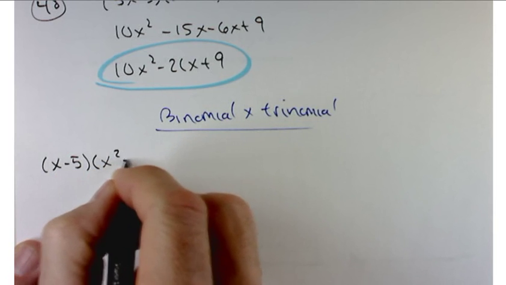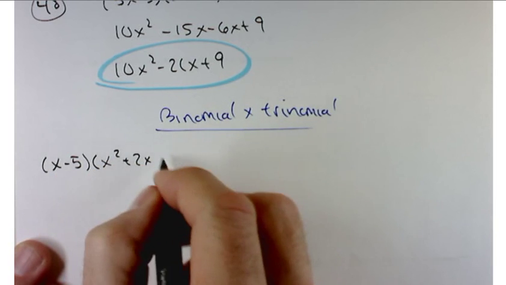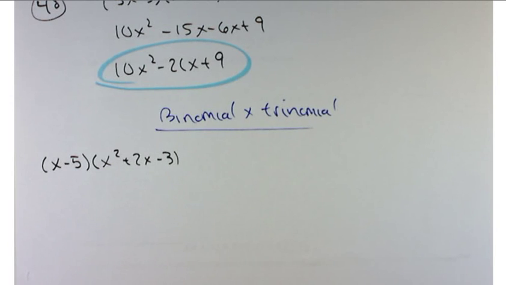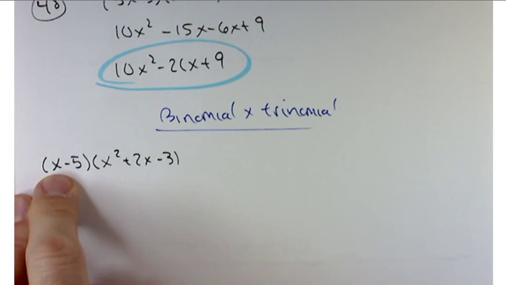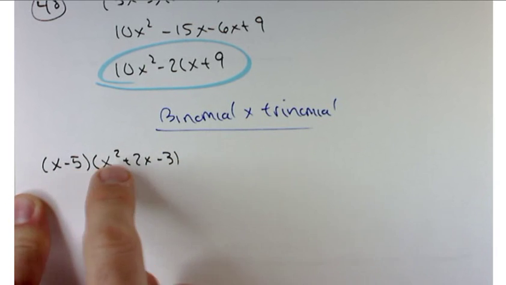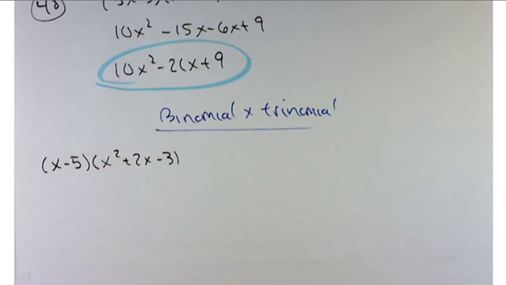It's just my suggestion. I found that it works pretty easy. If you wanted to come up with a word to help you remember how to multiply these things, you're going to need a word that has 6 letters. Because this x here has to multiply each of these 3. This negative 5 here has to multiply each of those 3. So that's 6 multiplications.